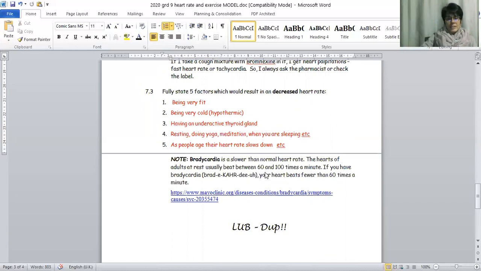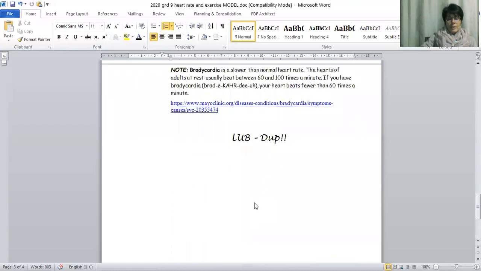So if it's consistently slower than 60 beats per minute all the time, and the person isn't very fit, it could be an indication of an underlying problem like underactive thyroid, etc. And this is bradycardia. All right, and I also got that from the Mayo Clinic.